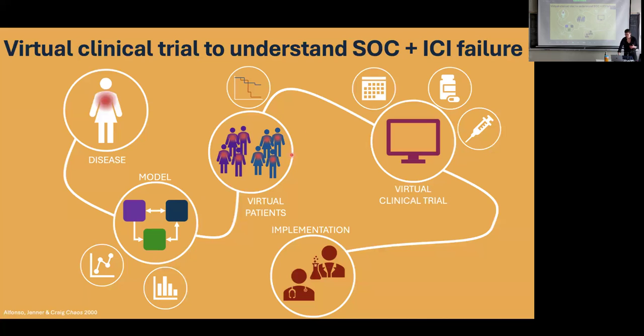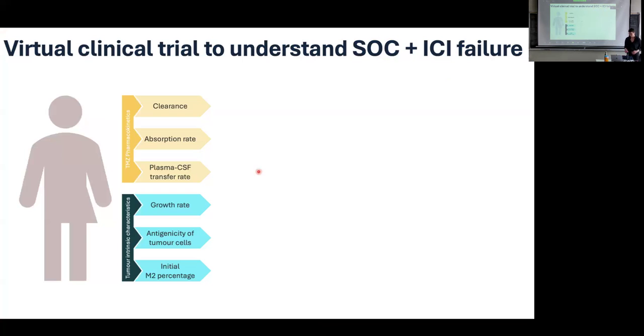And so we can sample from these ranges, create identical cohorts of virtual patients, and look at alternative therapy schedules or alternative therapies to try and understand who benefits, why patients are failing, or what leads to failures, and how we can implement something that will be successful in the clinic.